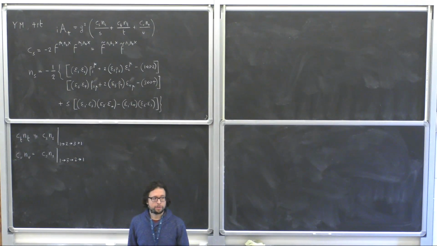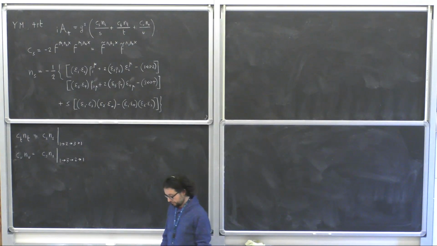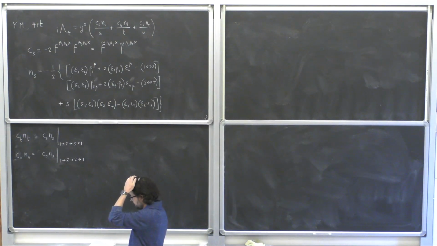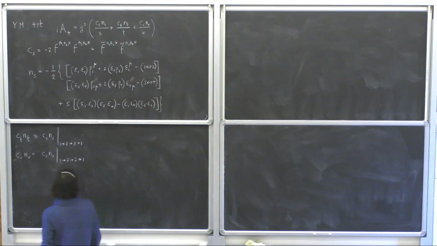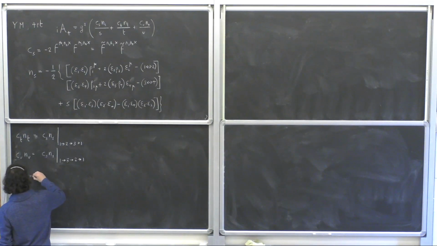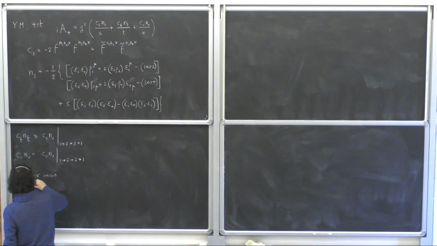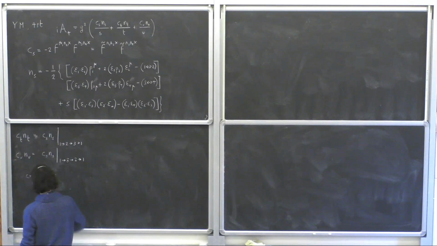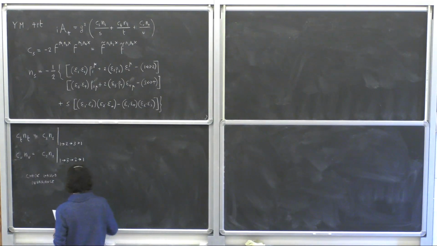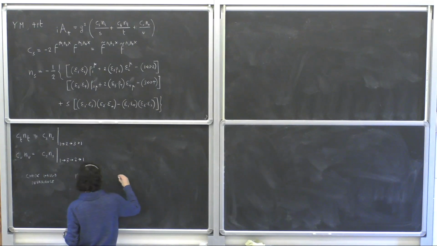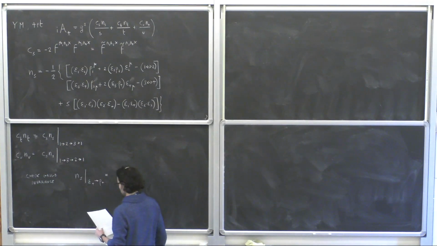So if I give you an amplitude in that form, the first operation you can do is to check gauge invariance. I will not put all the algebra on the blackboard.